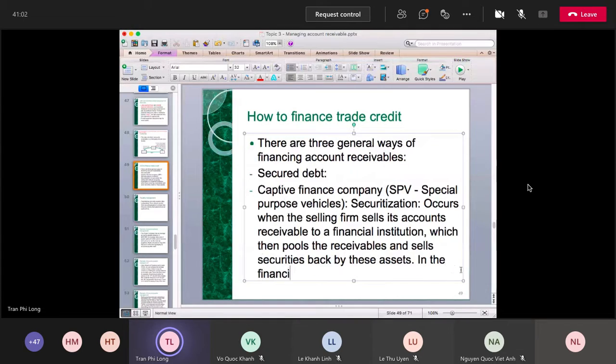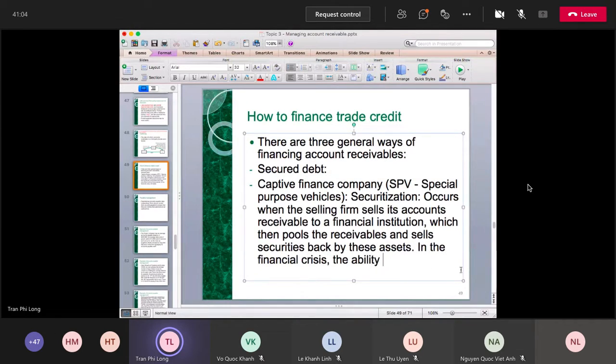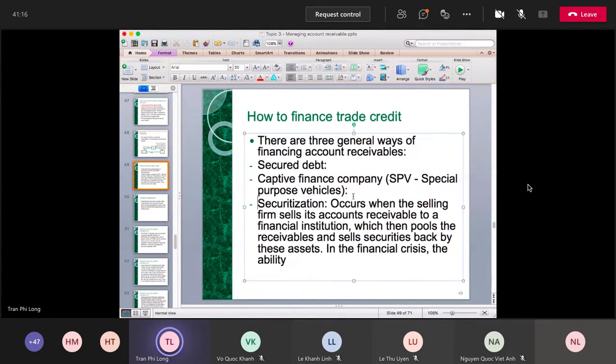Now you can see the logic here is that the company sells the account receivable to a financial institution, so the financial institution needs to collect money from the customer. In the financial crisis, the ability of the customer to pay back the money is weak.